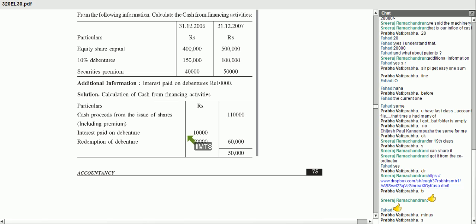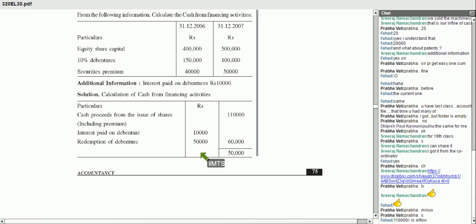This interest paid on debentures is this value, and then the redemption of debenture is 50,000. One lakh 10,000 is inflow, yes, and this 60,000 is outflow.